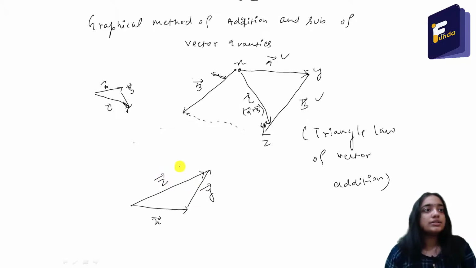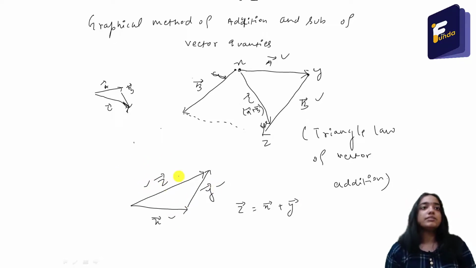So this Z is the sum of X vector and Y vector. Z vector is equal to X vector plus Y vector. This is simple because these three things are forming the three sides of a triangle. That is why the name is triangle law of vector addition.